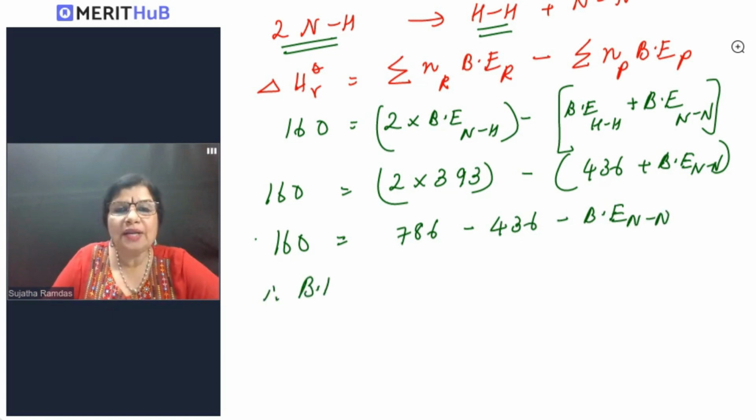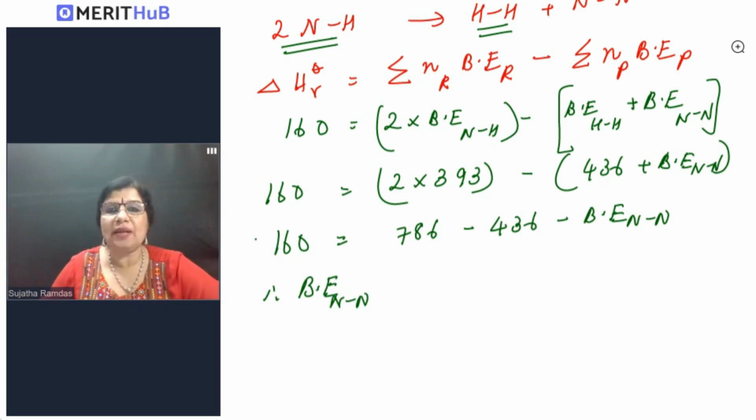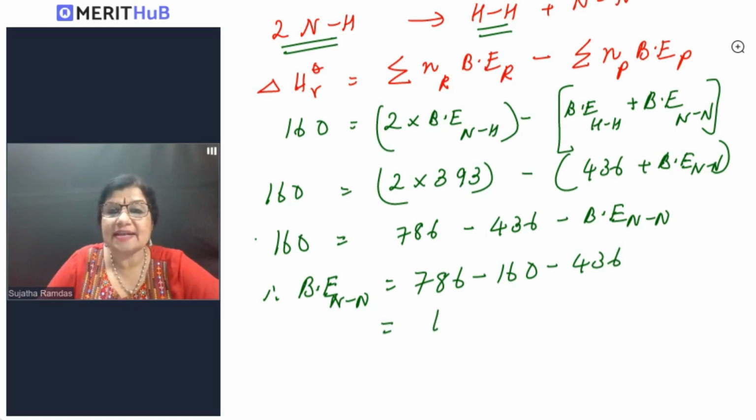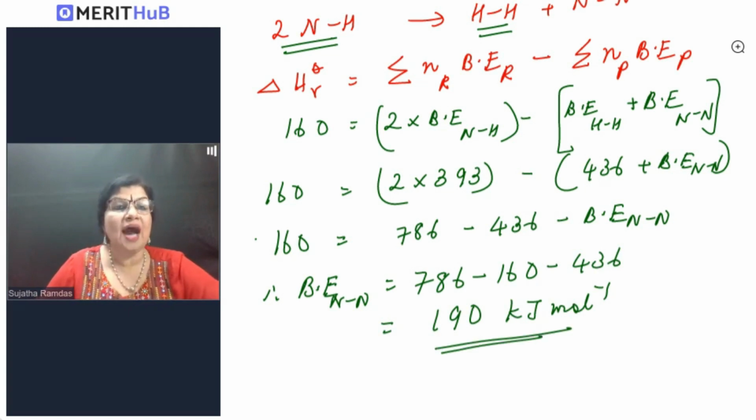So the bond enthalpy of the NN bond will be equal to 786 minus 160 minus 436, and that is equal to 190 kilojoules per mole. So that will be the answer to the bond enthalpy of the NN bond.